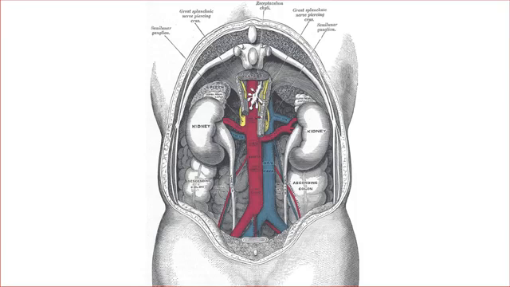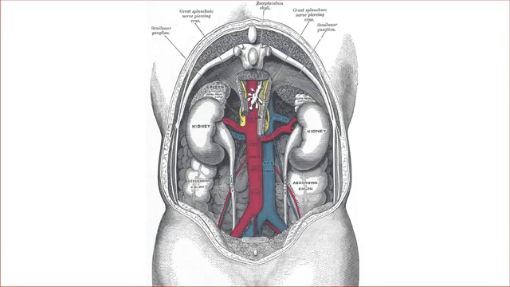So this is a beautiful image from Gray's Anatomy. Not much to say here, except that there are two kidneys. The right one sits slightly higher than the left. On top of each kidney, you have got an adrenal gland enclosed within this structure, the suprarenal capsule, as is labelled here.